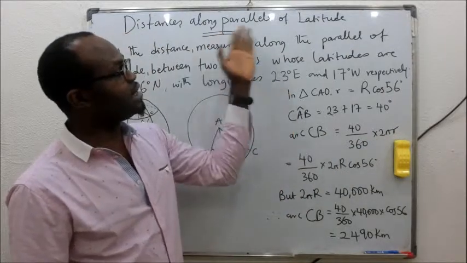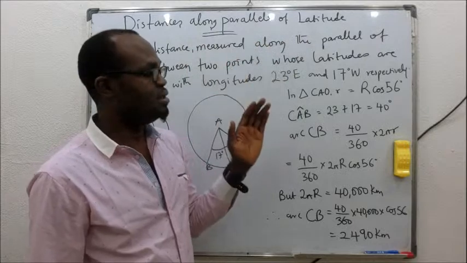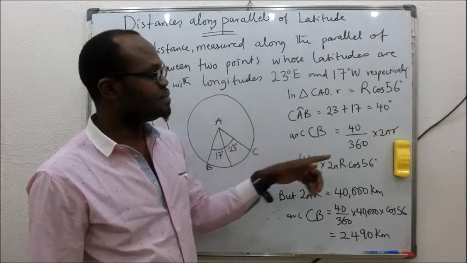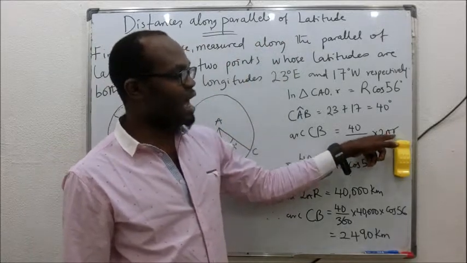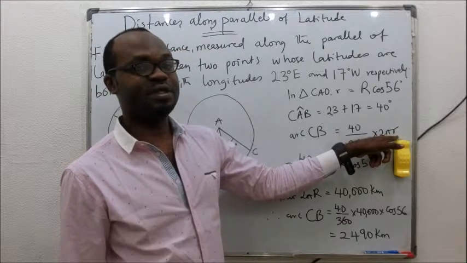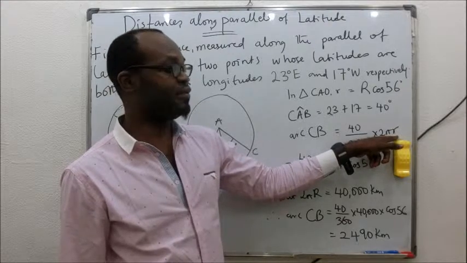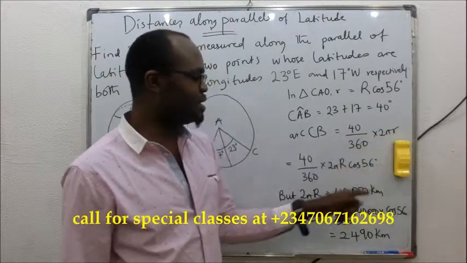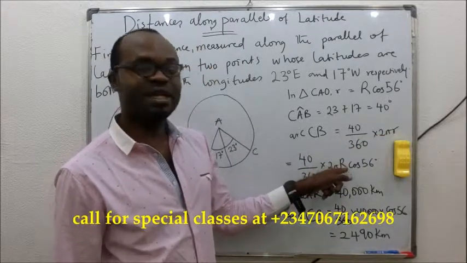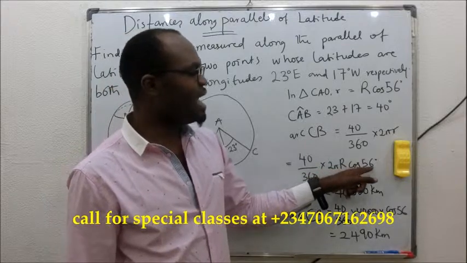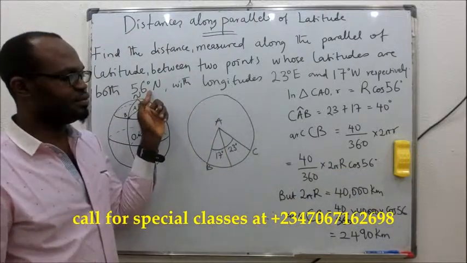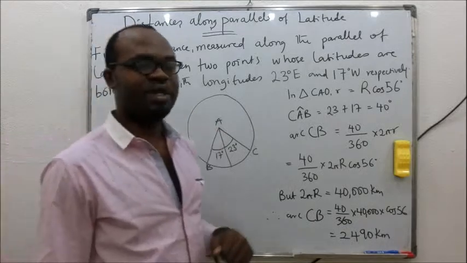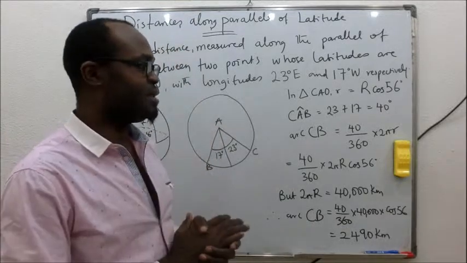But if you're talking about parallels of latitude, instead of having 2 pi r, where r is the big R of 6,400, you're going to be having this small r. And this small r is the same thing as saying the big R cos the angle of the latitude. So that is the major thing that you need to understand about this calculation.